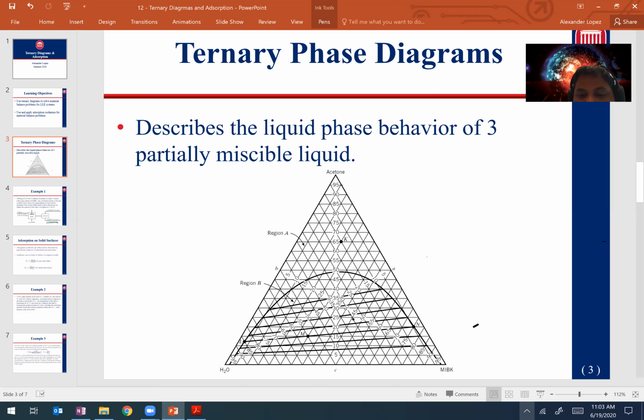So it would be somewhere on the order here. Probably right here. So then those phases would be here and here. So this would be phase 1, and this would be phase 2. And you would read those compositions from that.